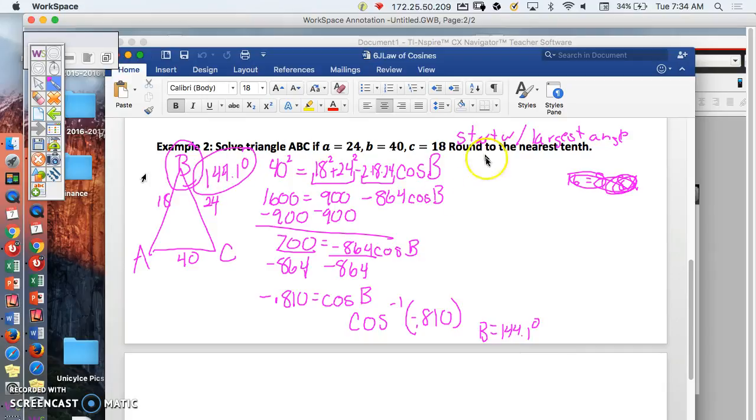And then we could go and we could set up law of sines. So the sine of 144.1 over 40 equals the sine of A over 18. And then we practiced this yesterday and a little bit above, so I'll leave the rest for you to solve.